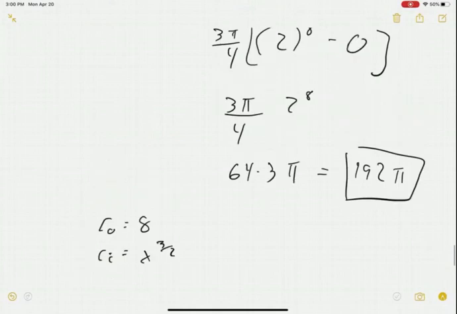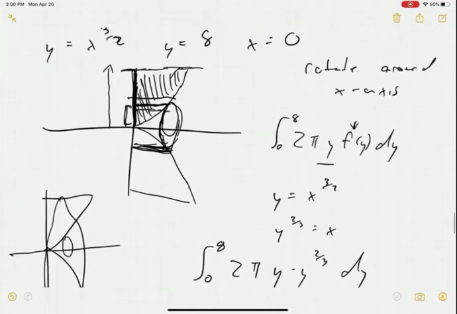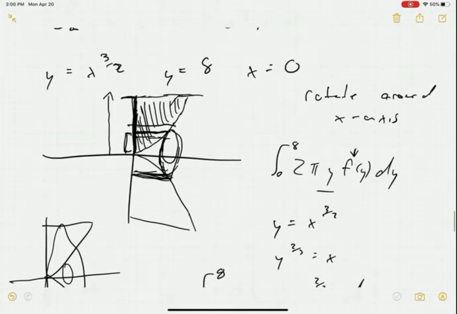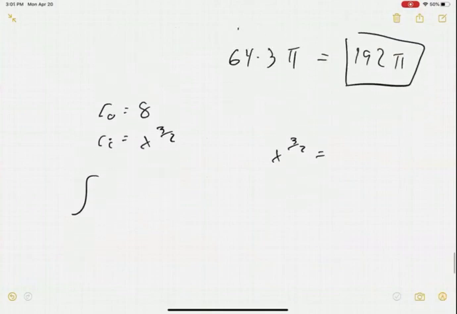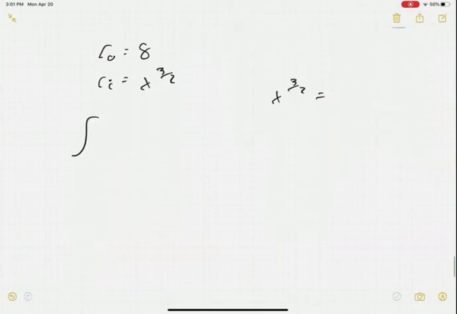Okay, so this is 0. The question is, where does x to the 3/2 equal y equals 8? So where does this equal 8?